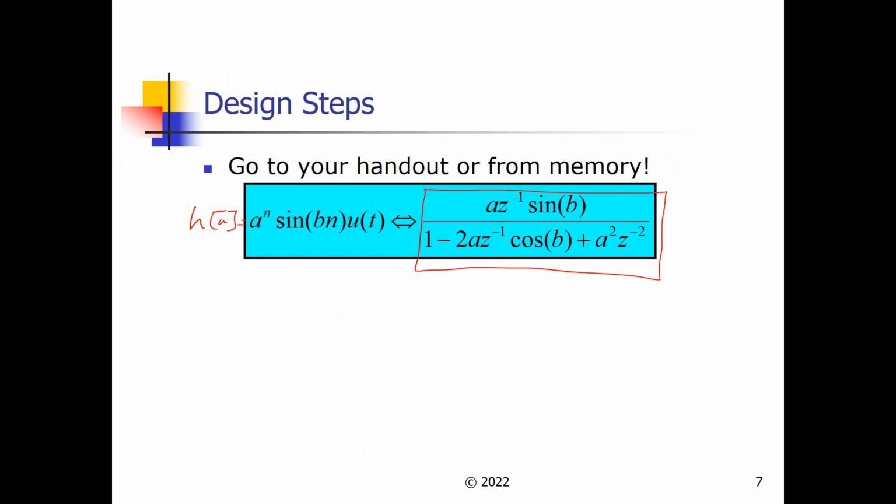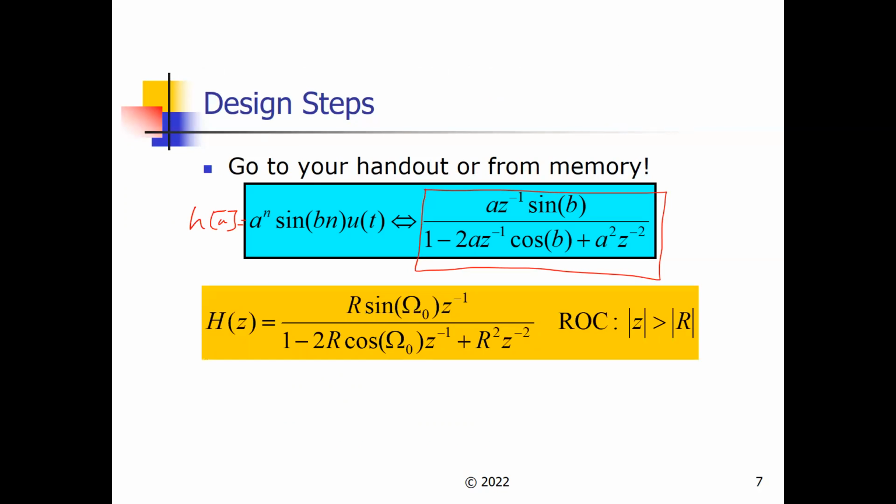So if we run it through with our example, H(z) is going to be r sine omega 0 z minus 1 over 1 minus 2 r cosine omega 0 z minus 1 plus r squared z minus 2. And of course, if we want a continuous sinusoid, r is 1, a constant amplitude sinusoid.